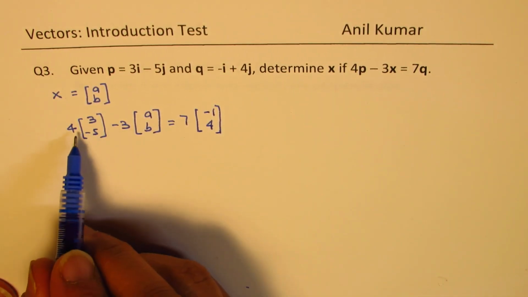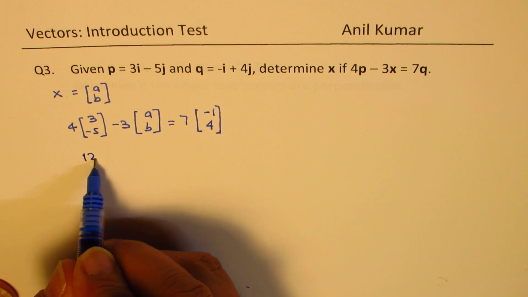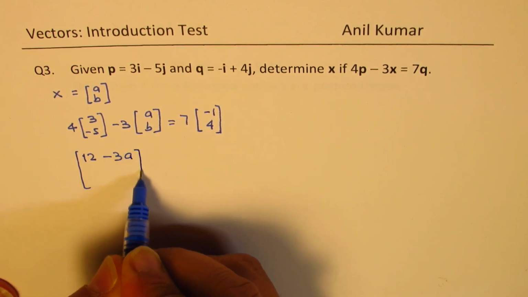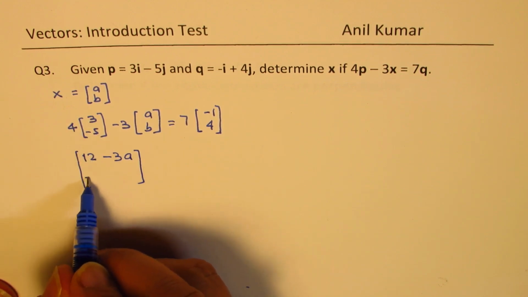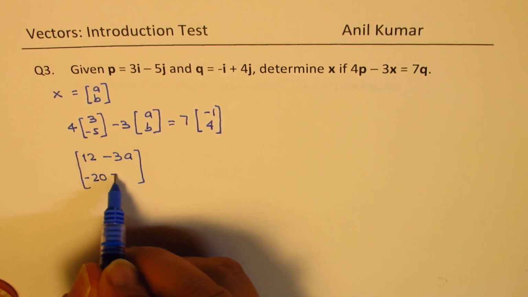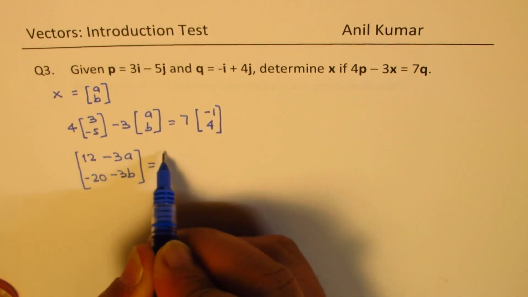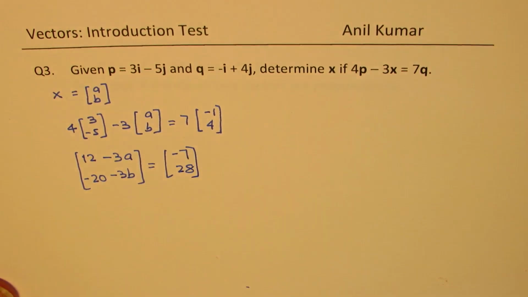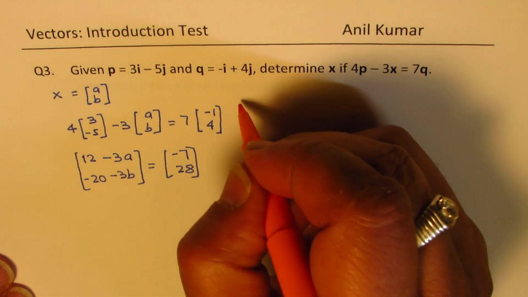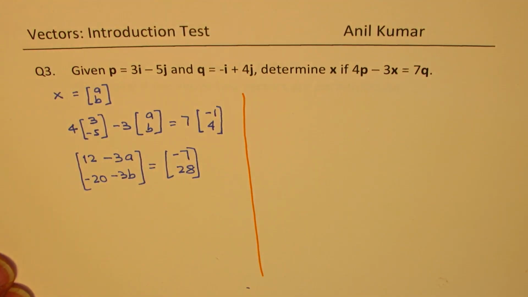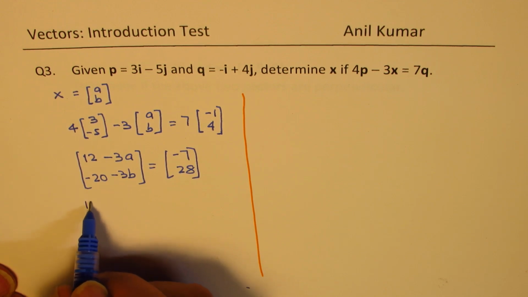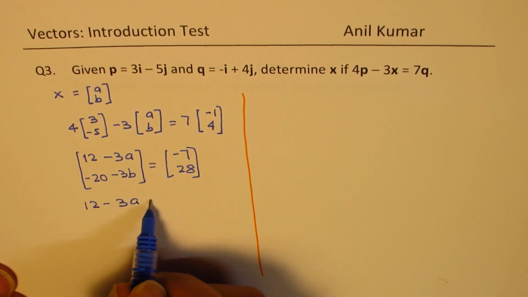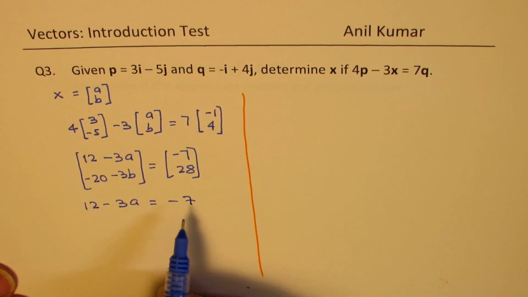So that gives you 4 times 3 is 12 minus 3a, and 4 times minus 5 is minus 20 minus 3b, equals (minus 7, 28). Clear? So from here we actually get two equations. The first one is 12 minus 3a equals minus 7, right?